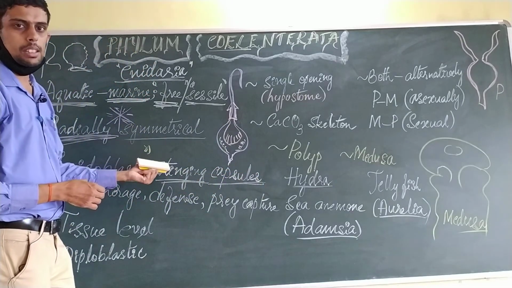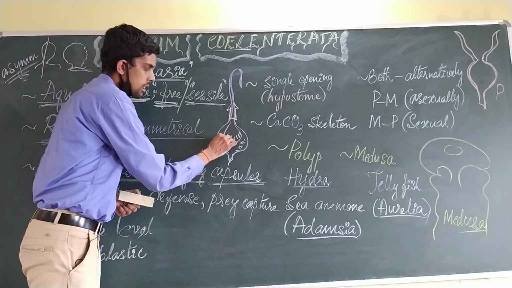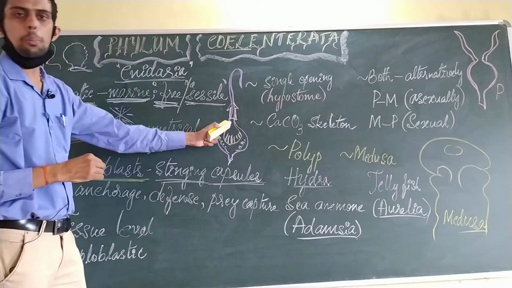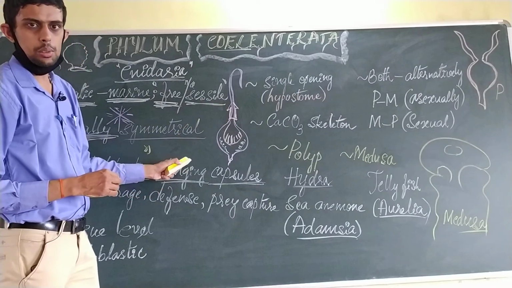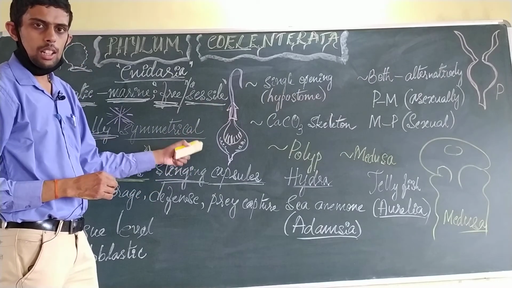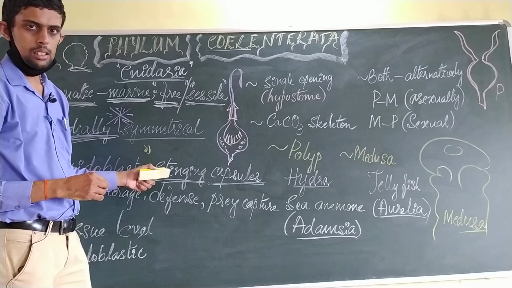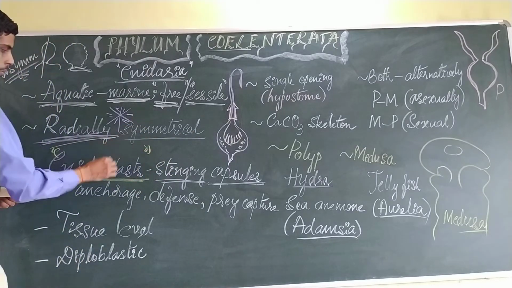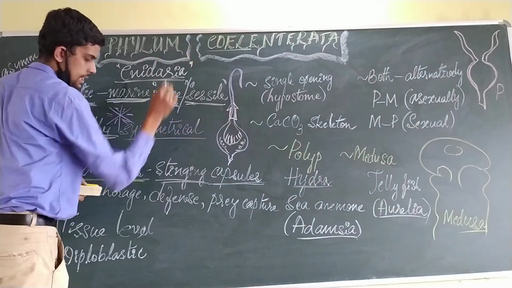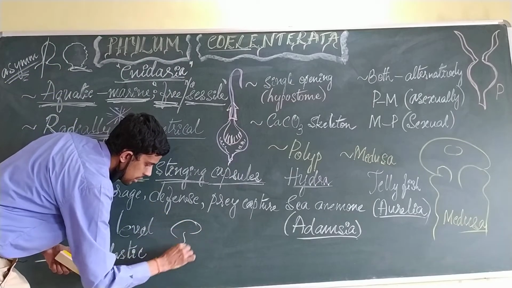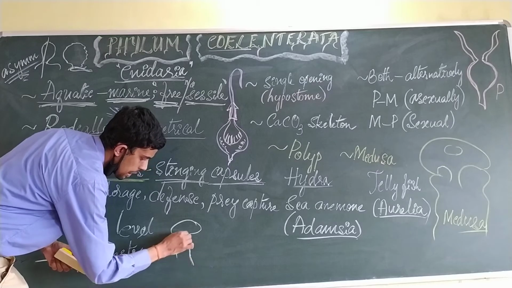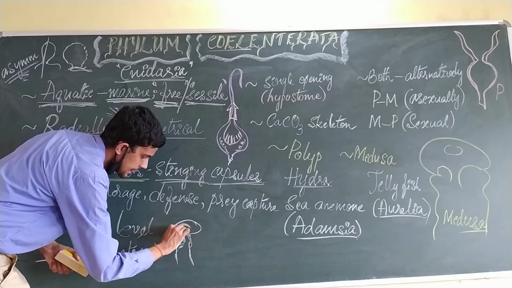Stinging capsules are special projections which cause irritation to another organism when it attacks. For example, the jellyfish is an example of a coelenterate.